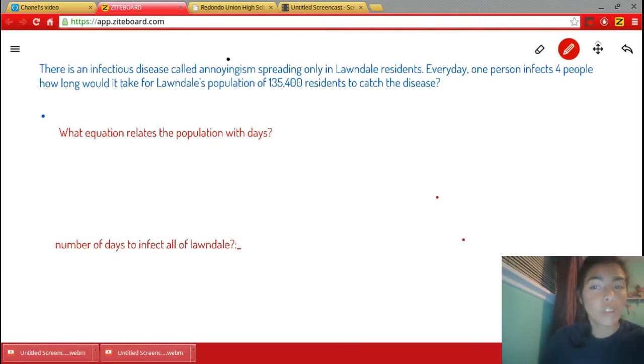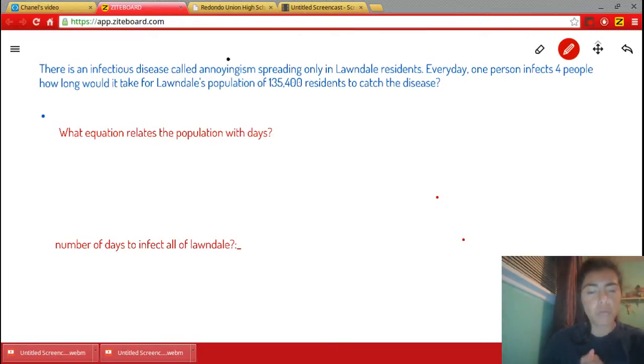All right. So with this little disease that's going around, every day, one person affects 4 people. And I want to know how long it would take for all of the population of Lawndale, which is 135,400 residents, to catch the disease. Now, before we even calculate this, we first have to see what equation will relate the population with the days.